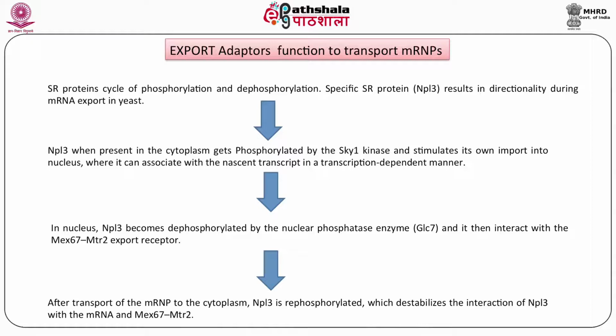In the nucleus, Npl3 becomes dephosphorylated by the nuclear phosphatase enzyme called Glc7, and then it interacts with the Mex67-Mtr2 export receptors. After transport of the mRNP into the cytoplasm, Npl3 is rephosphorylated, which destabilizes the interaction between Npl3 and the mRNA and the Mex67 complex.